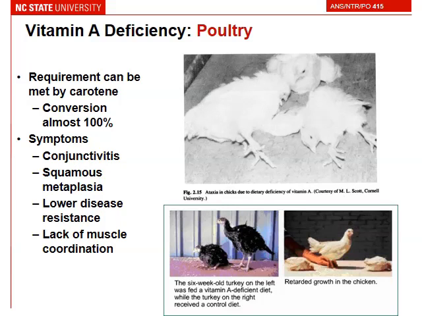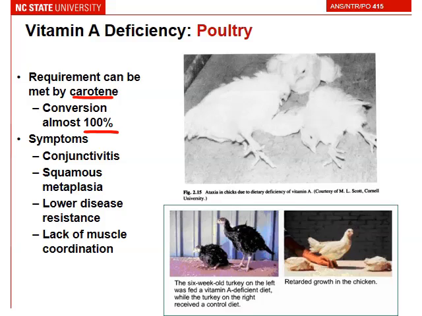Now, our poultry also can be subjected to vitamin A deficiency. They can meet all their requirements with carotenoids. Their conversion is almost 100%, which is not the case for humans, and obviously not the case for ruminants. However, if they do become subjected to vitamin A deficiency, we have various symptoms, including conjunctivitis, which is an infection of the eye.